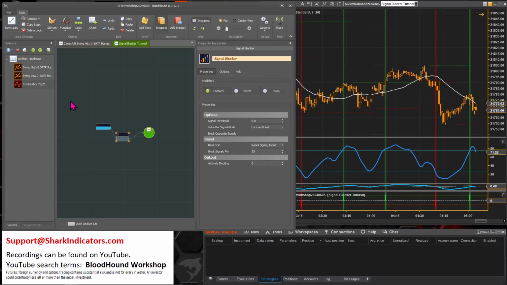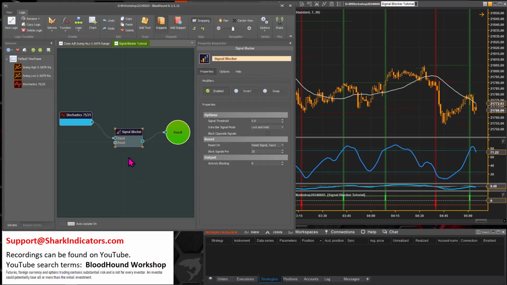But that's pretty rare. Typically, you only need one signal blocker at the very end of the system. I'll circle back around to that last comment. So that's basically what the signal blocker does.